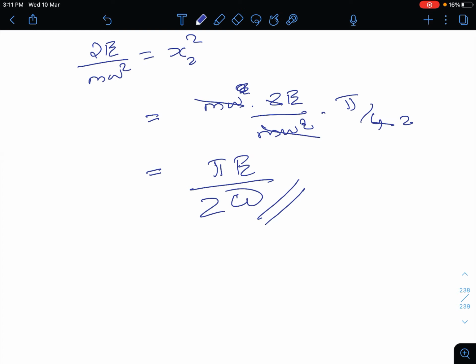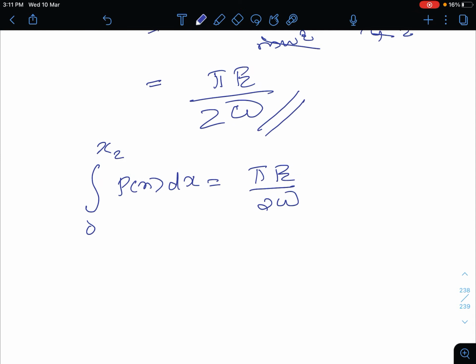So integral 0 to x2 of p of x dx is equal to pi E by 2 omega. Correct?